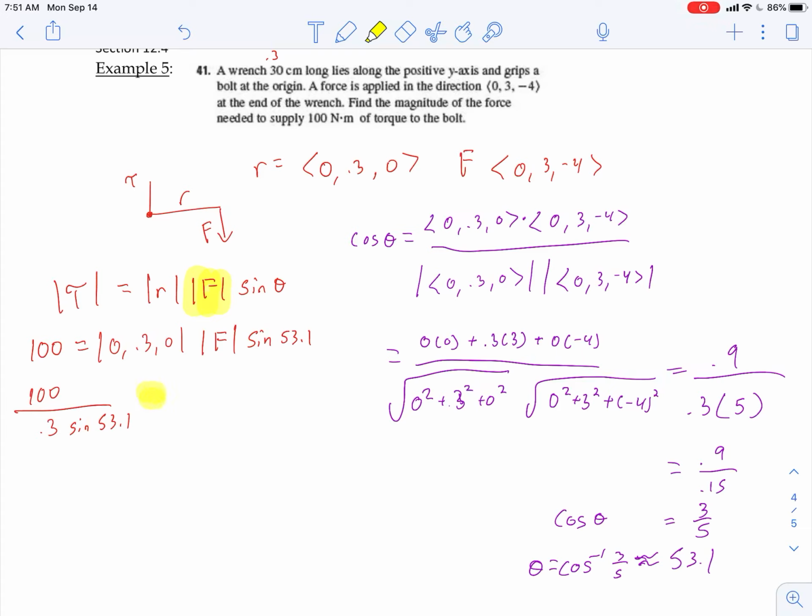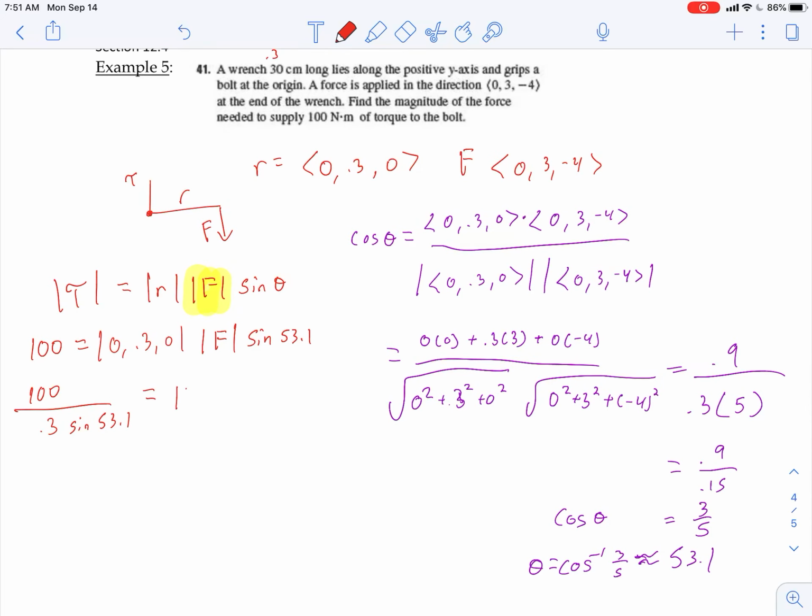And that's equal to our magnitude of F. And that is going to give us around 417 newtons.